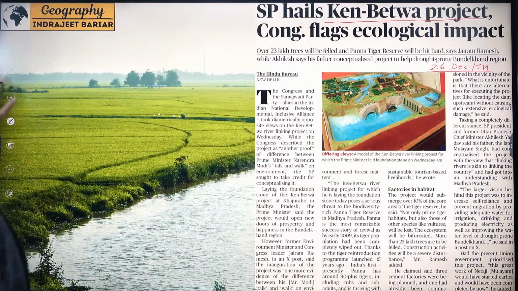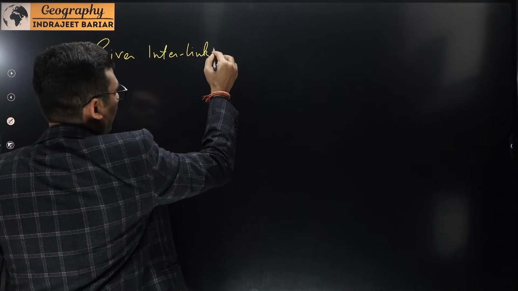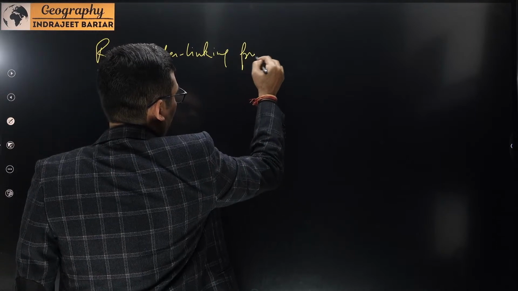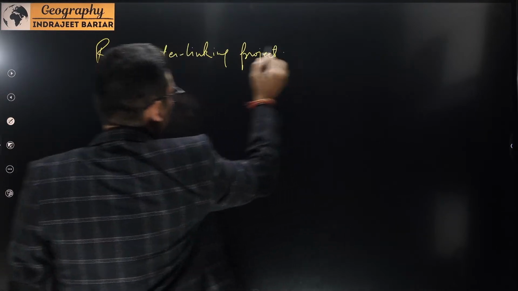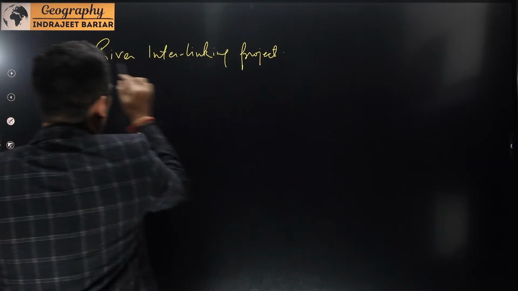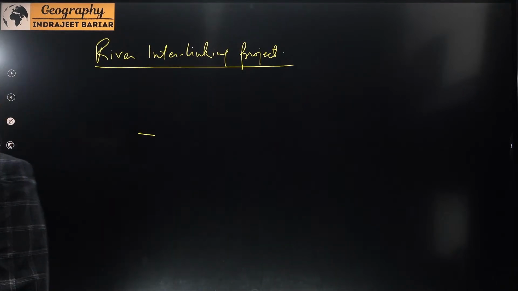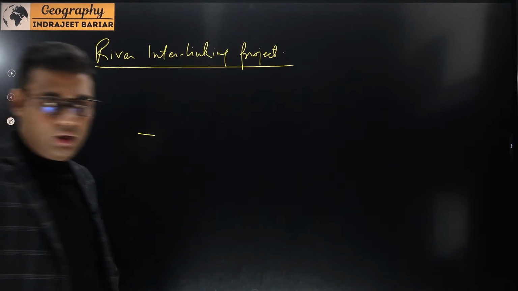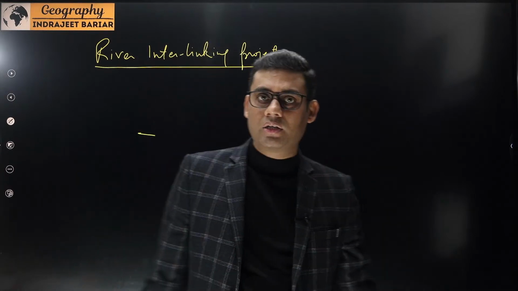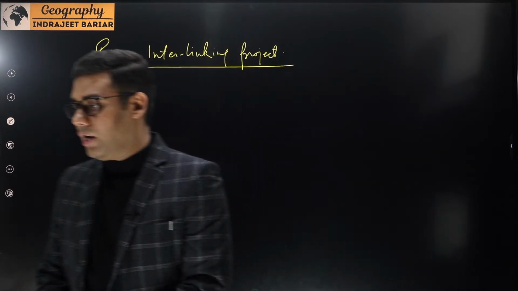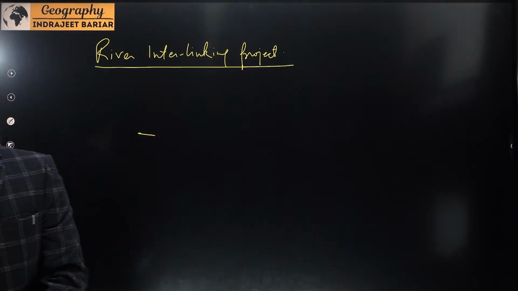But overall, when we talk about this project, the river interlinking project, this idea was mooted in the early 1980s and 90s in the form of what was called the National Perspective Plan.